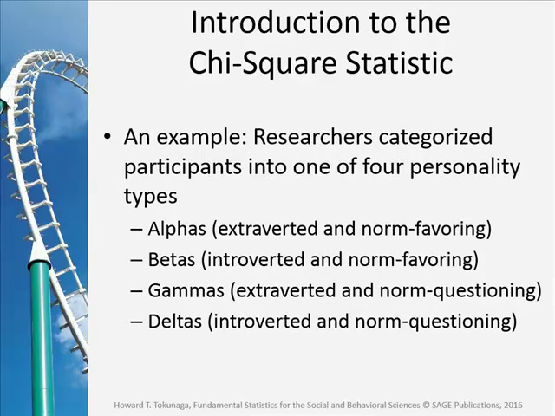So let's talk about this chi-square. The chi-square is known as a non-parametric distribution. The chi-square statistic is designed for situations where you have categories, and you're looking at the number of observations in a category.